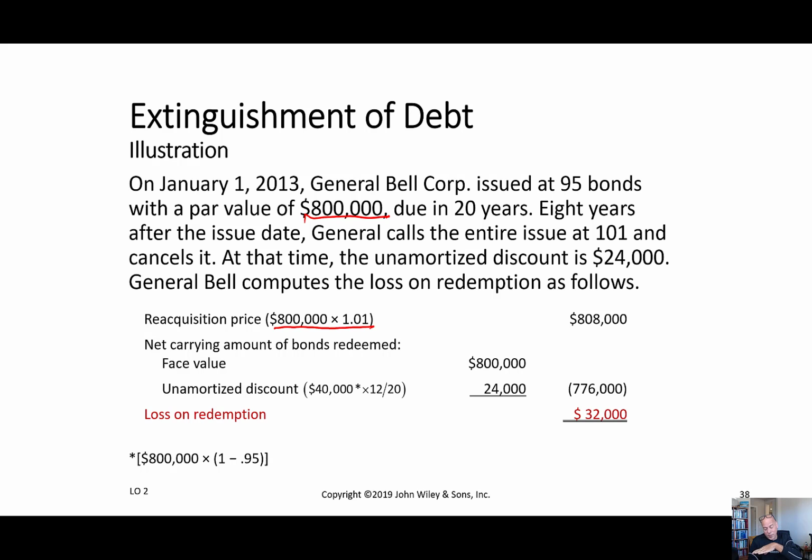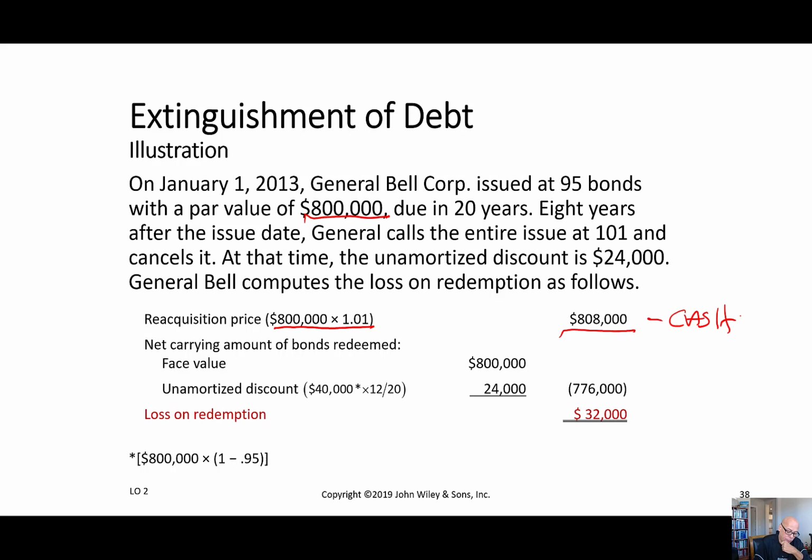Over 1, more than face; less than 1, like that other one we looked at, 0.99 a minute ago, that's less than face. Okay, so 800,000 times 1.01 gives me this 808,000. Okay, that's the cash. Let's put cash that they're going to have to pay to call this bond.